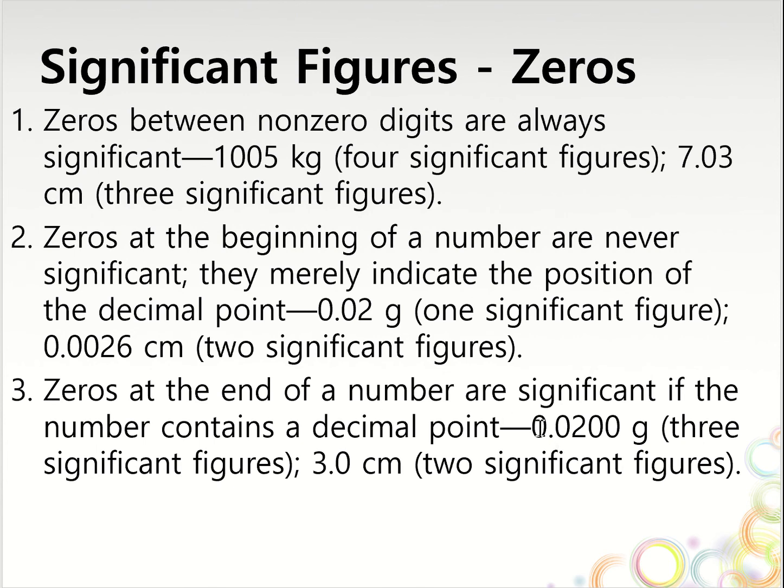So here we have 0.0200. We have three significant figures here. So the two zeros are significant because we have a decimal point. Here, 3.0, we have two significant figures because we have a decimal point.